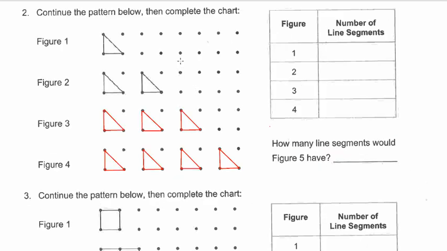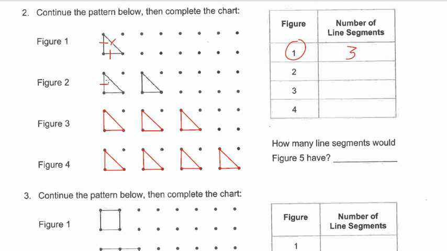2. Continue the pattern below, then complete the chart. So I've already drawn in the triangles for figure 3 and figure 4, but we can see from the pattern that it's adding one triangle each time and that the triangles are not touching each other. So now we count the line segments. Figure 1 is right here. It has 1, 2, 3 line segments.